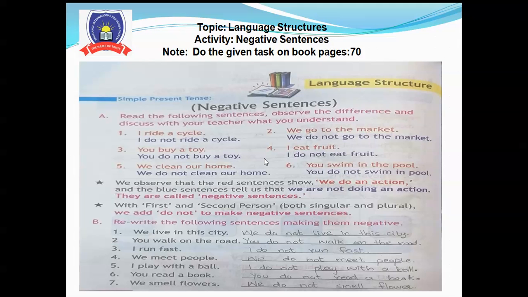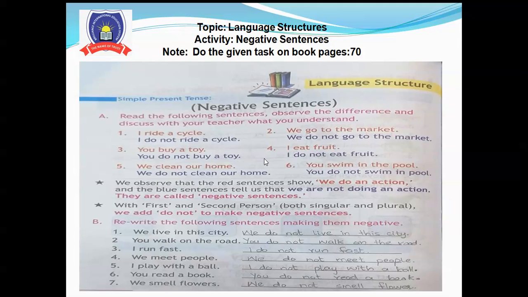I ride a cycle. I do not ride a cycle. We go to the market. We do not go to the market. You buy a toy. You do not buy a toy. I eat fruit.